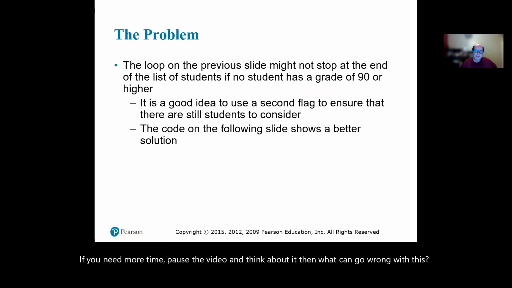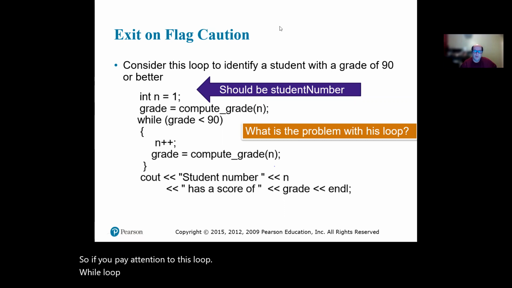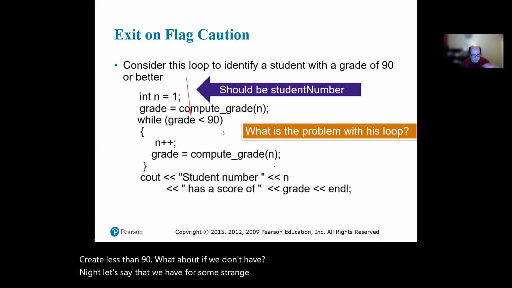If you pay attention to this loop, the while loop is looking for a grade less than 90. What if we don't have anyone with 90? Let's say that for some strange reason, the test was too hard or something happened and nobody has 90.